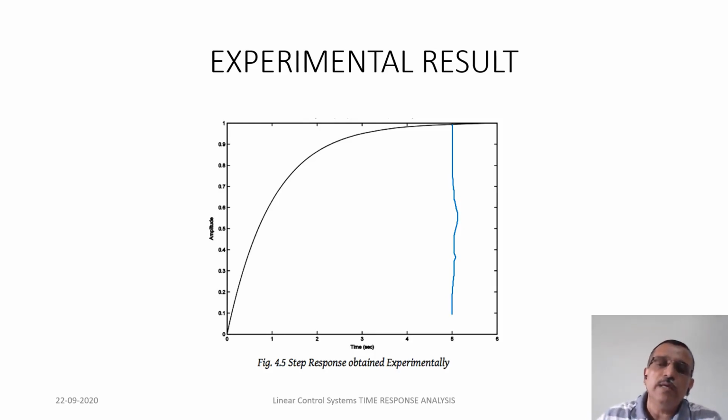So the response of the first order system has reached steady state within 5 milliseconds, or in electrical engineering terms, the voltage across the capacitor has become 1 volt in 5 milliseconds. So this is the experimental result.